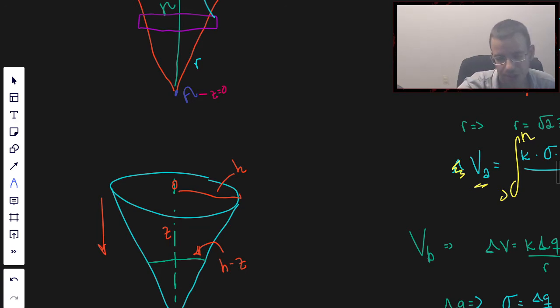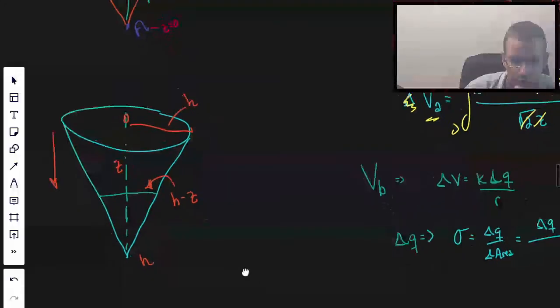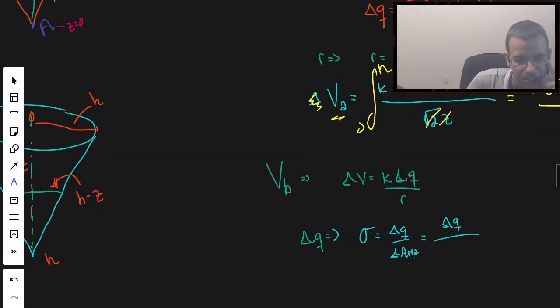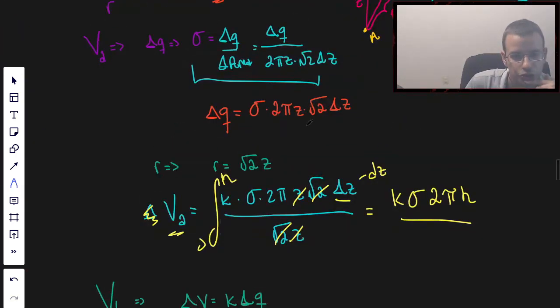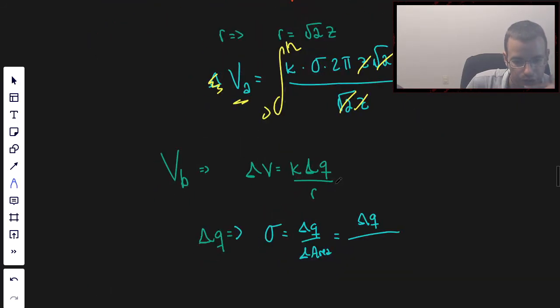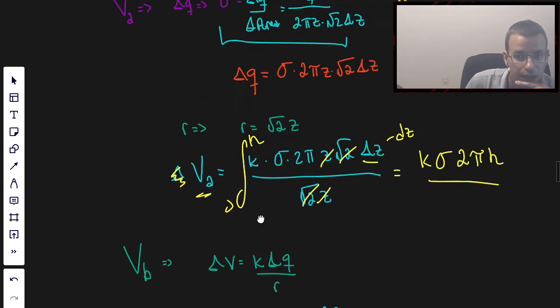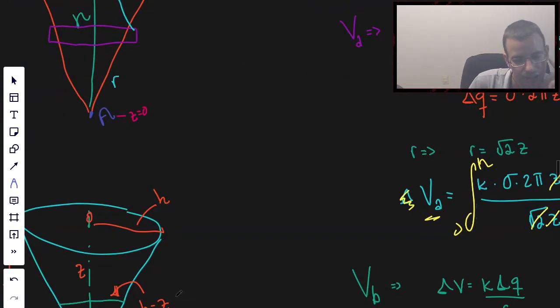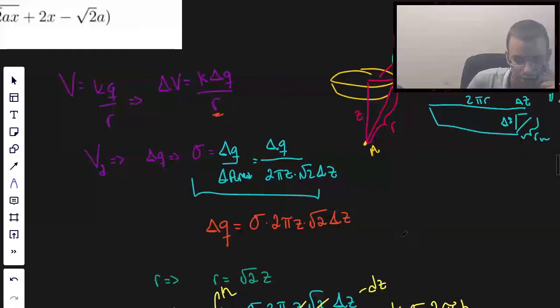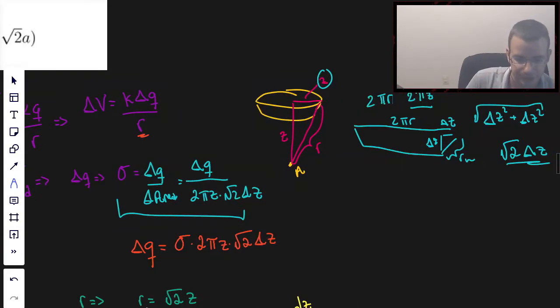All right, so now let's take a look at how we put this together. The change in area is going to be the same thing. We're going to do 2 pi r, except r this time is going to be h minus z. And the thickness, as before, is going to be square root of 2 delta z.